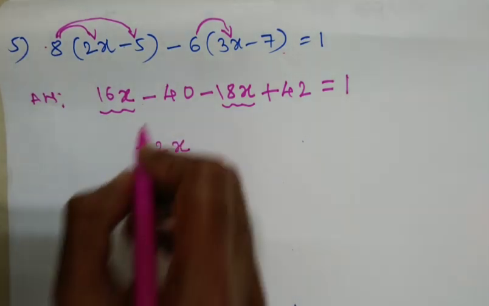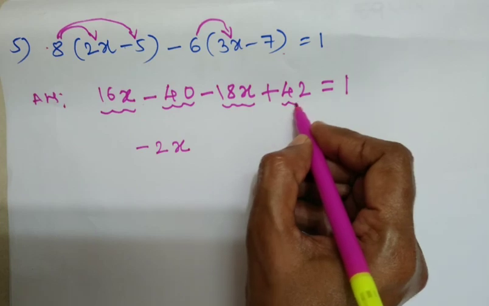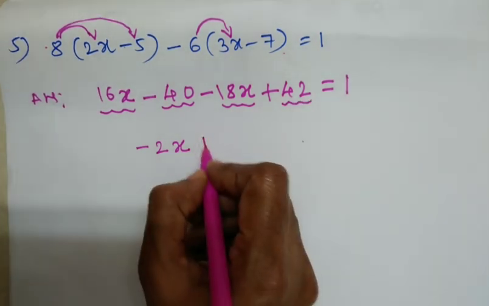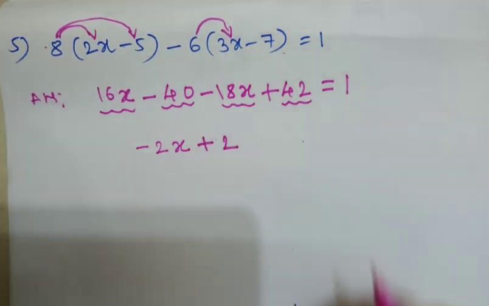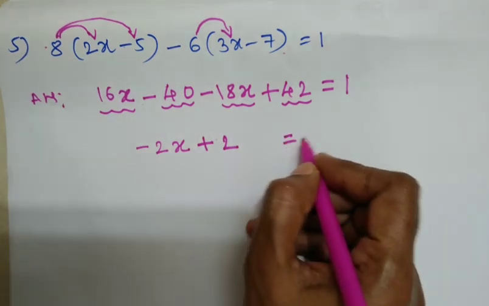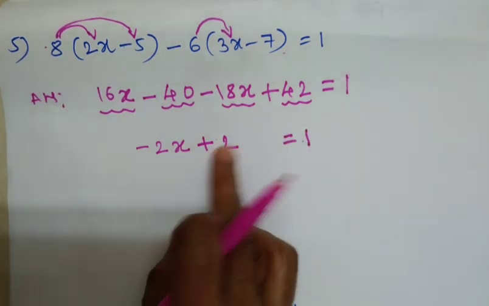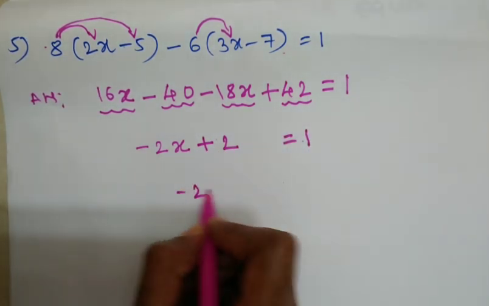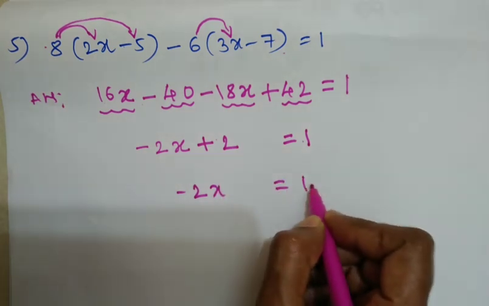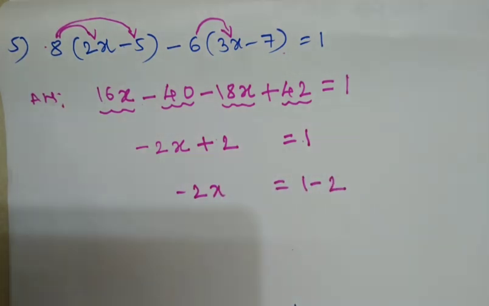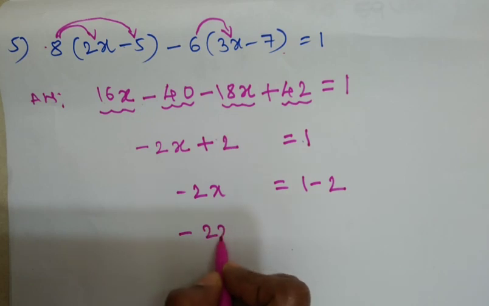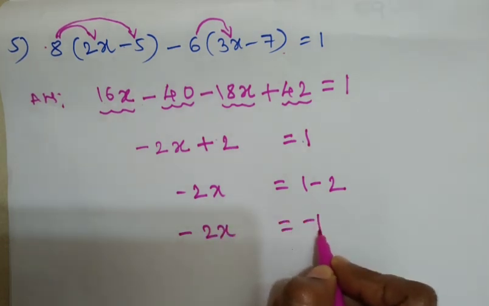Now minus 40 plus 42 is plus 2, isn't it? Plus 2 is equal to 1. Now you take plus 2 to the right side. So minus 2x is equal to 1 minus 2. So minus 2x is equal to minus 1.